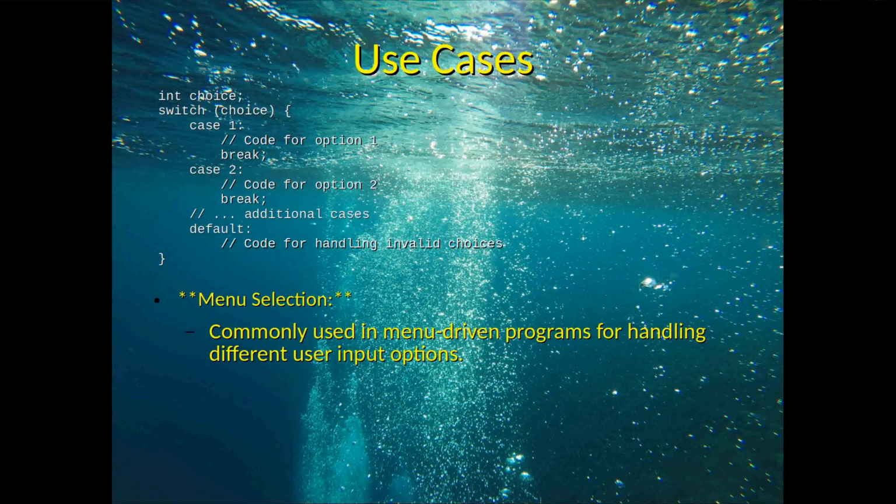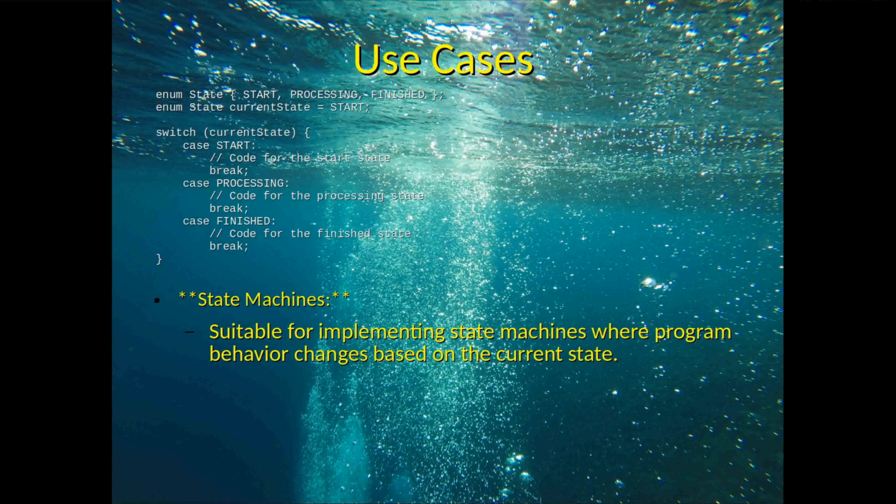So most use cases, typically a use case for a switch case is a menu selection. Very frequently, menu-driven programs use this to handle user input. So it's very, very good at that sort of thing. Another common use case is state machines.